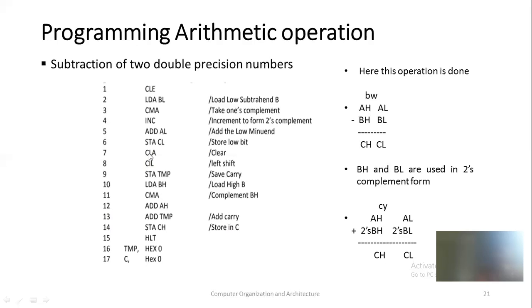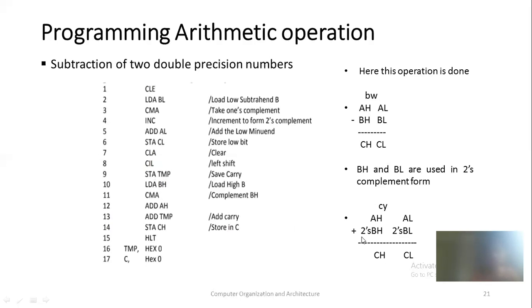For that we first clear the accumulator and do a circular left of the accumulator and E flag. If your carry flag is generated, the accumulator's content will be 0 1. If not generated, then it will be 0 0. And store that content to a temporary location. That means we are storing this carry to a temporary location.